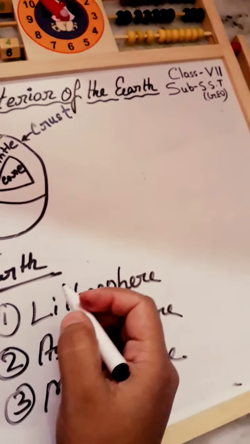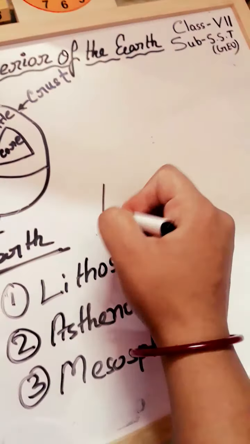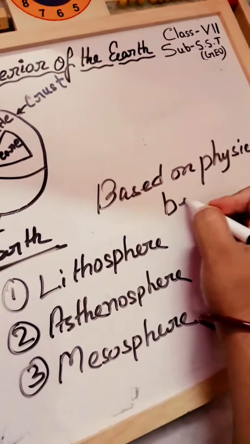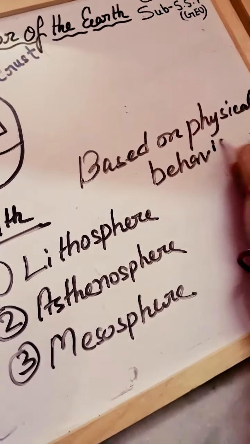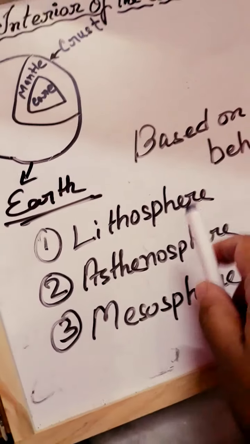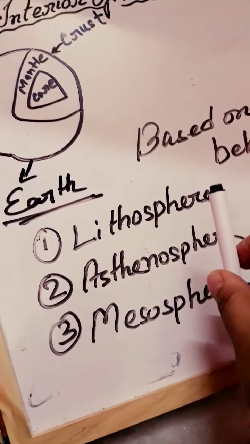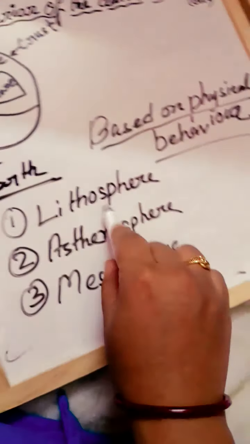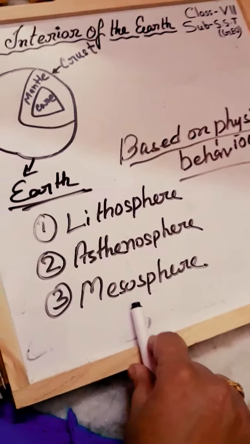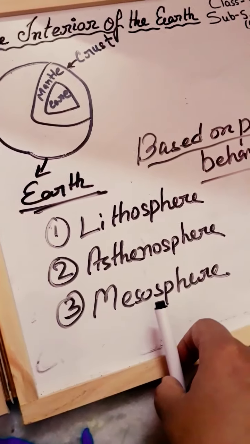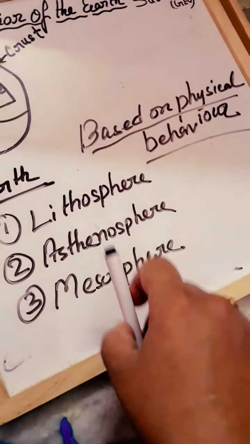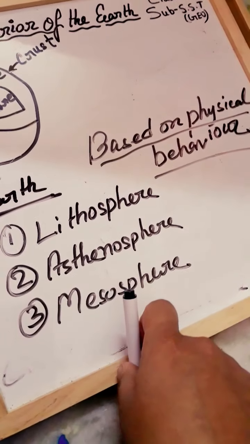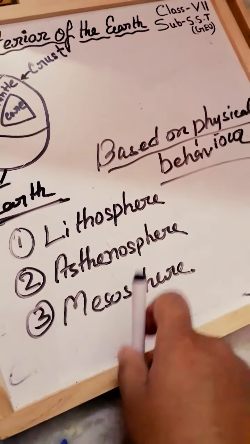But if it comes, what are the 3 main layers based on physical behavior, then you have to write lithosphere, asthenosphere and mesosphere, because we know that the layers which make up the earth's floor are always moving, and the plates on which our continents and oceans are standing are always moving.